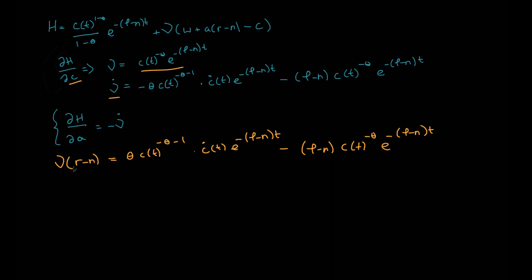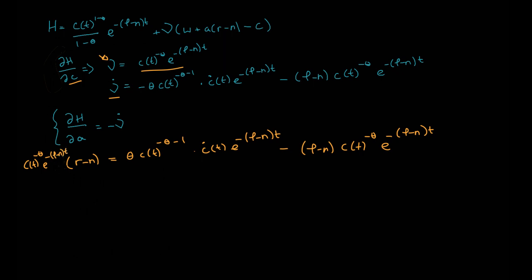And we actually know the value of this nu because we found it over here. So we're going to plug that in. Let's erase this and put in the value of nu, which is c(t) to the minus theta e to the minus (rho minus n)t.